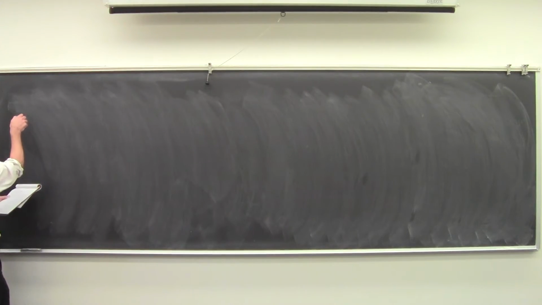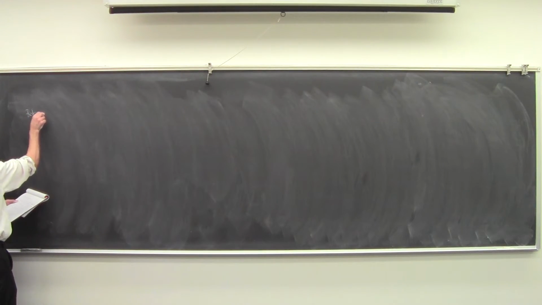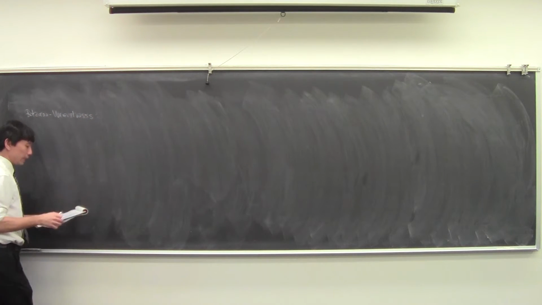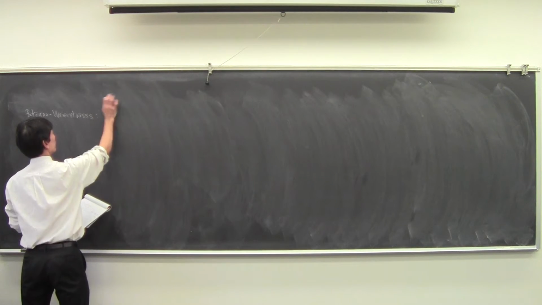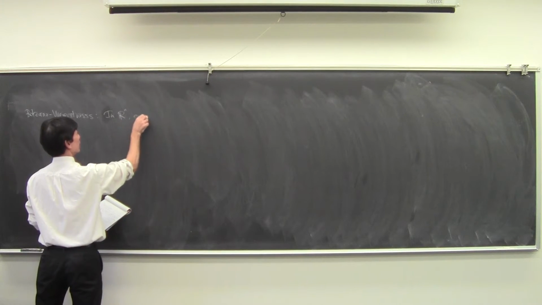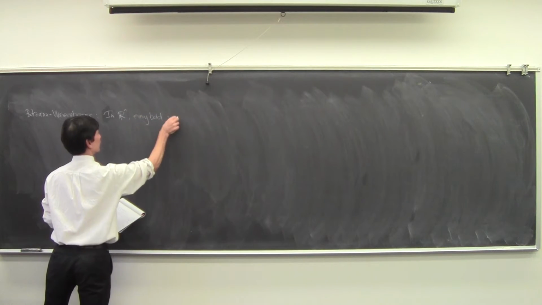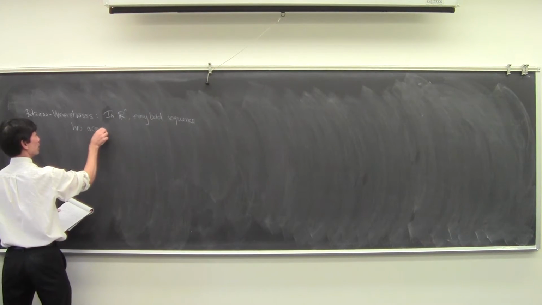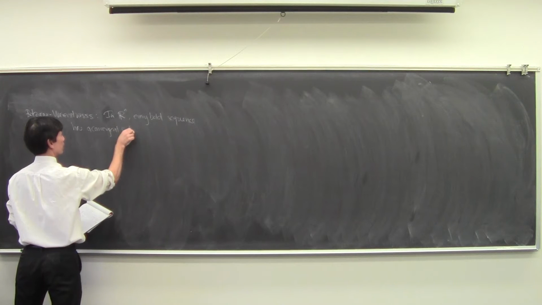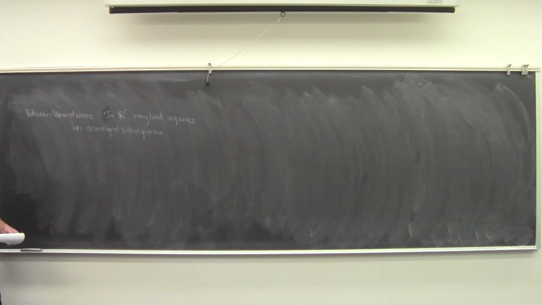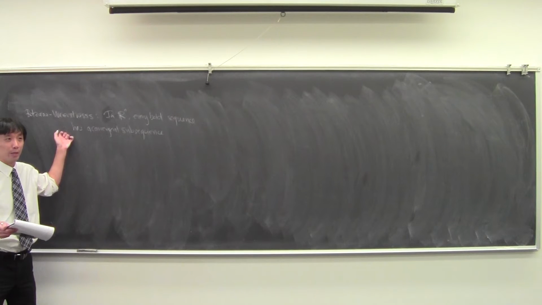I don't think we gave it a name earlier, but the theorem that every bounded sequence has a convergent subsequence is called the Bolzano-Weierstrass theorem.